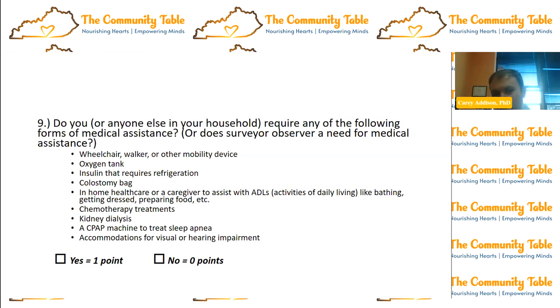Having a colostomy bag that needs to be regularly changed and cleaned, having the need for in-home health care to help with ADLs like bathing, getting dressed, getting food, preparing food. Of course, a caregiver can't do those things when you don't have a place to live.